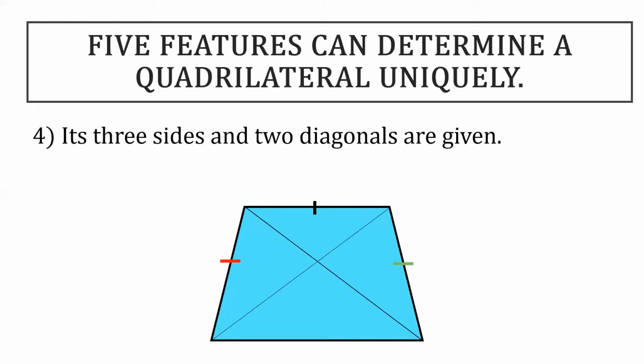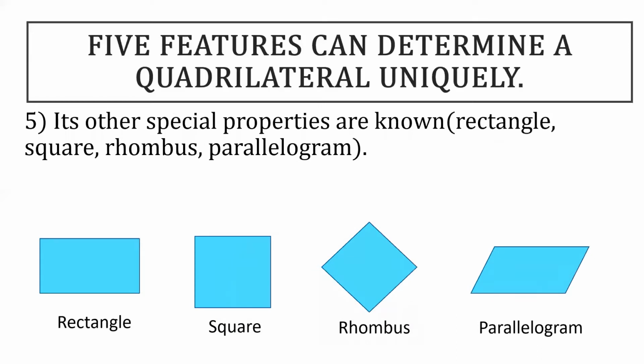Fourth case, where 3 sides and 2 diagonals are given. So here you will be provided with lengths of any 3 sides and both the diagonals. And the fifth case, other special properties are known.